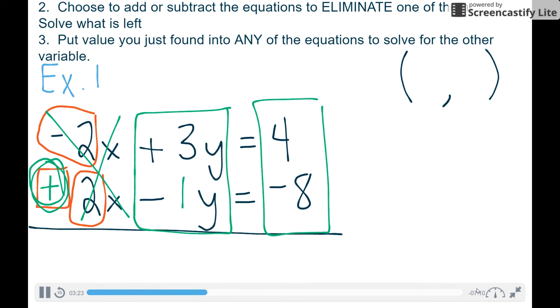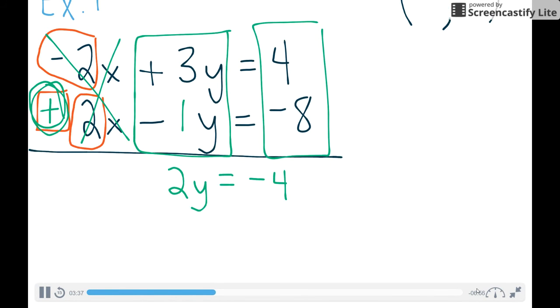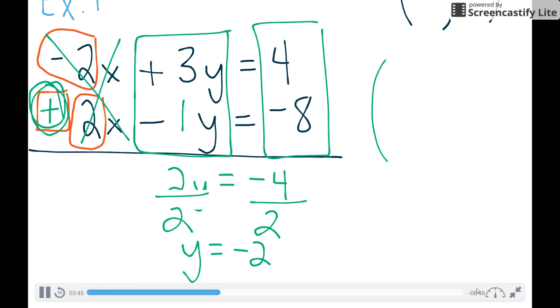I'm going to slide a 1 in here, and then add my terms. 3y plus negative 1y is 2y. 4 plus a negative 8 is negative 4. So now all I'm left with is a one-step problem. Divide by 2 and divide by 2, and you get y equals negative 2. So part of my answer is going to be a negative 2 in the y spot.